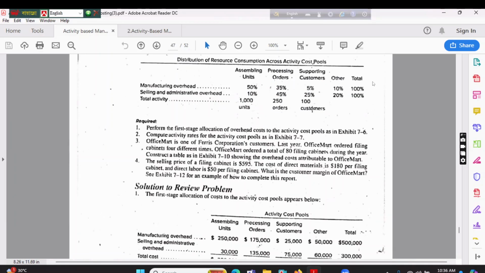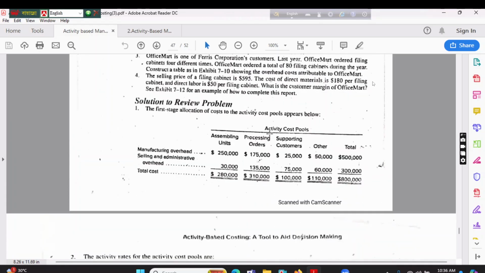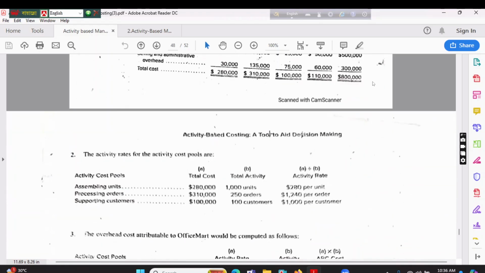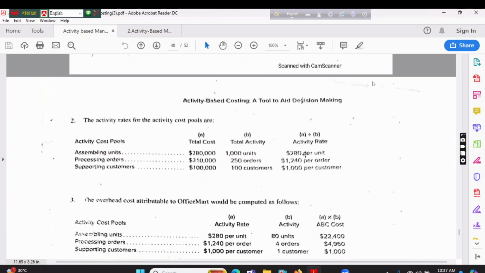This is the total activity performed, or we can say the number of activities performed. If we divide total activity cost by the total number of activities, then we find the activity rate.